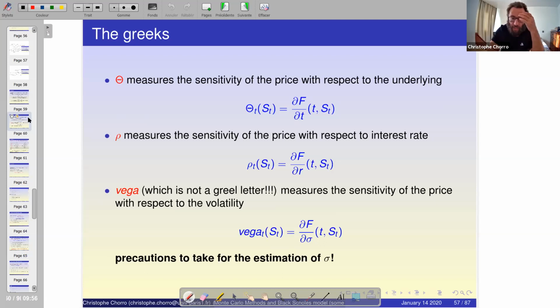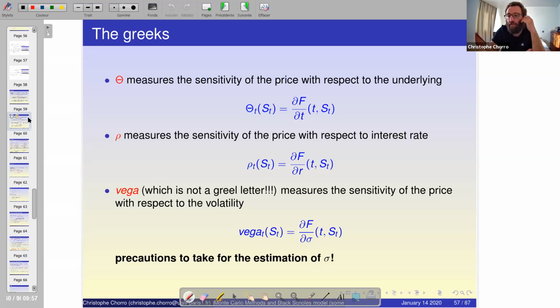And for the last point, keep in mind that the volatility is the only parameter that I have to estimate or calibrate in the Black-Scholes model, because my risk neutral dynamic only depends on this parameter. The order of magnitude of vega in absolute value means that if I have a very small vega, I can estimate the volatility roughly, because it doesn't have a big impact on the price.